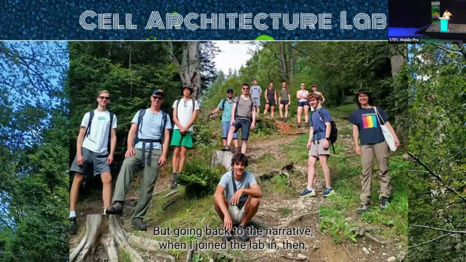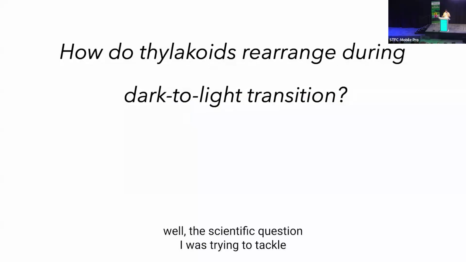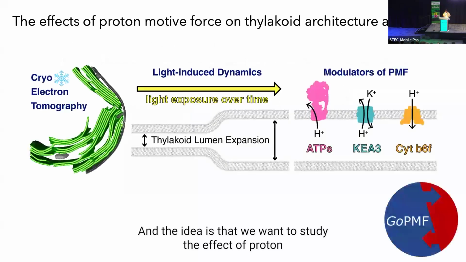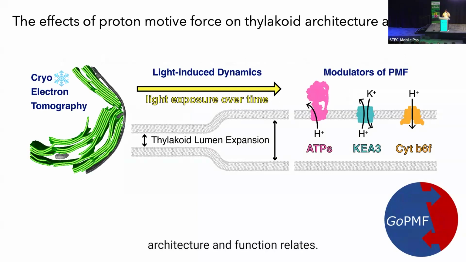But going back to the narrative, when I joined the lab in Ben, the scientific question I was trying to tackle is how thylakoid rearrange during the dark to light transition. And the idea is that we want to study the effect of protomotive force, and we want to understand how the thylakoid architecture and function relate.